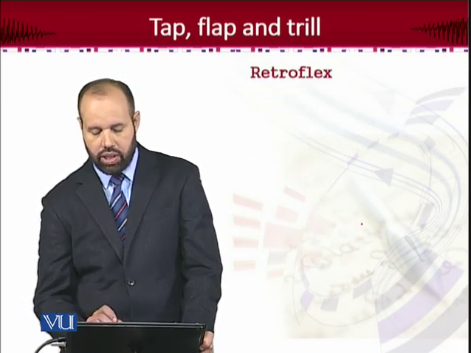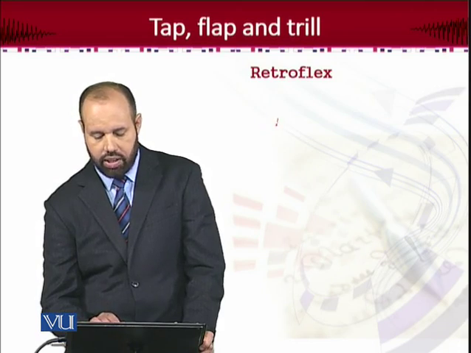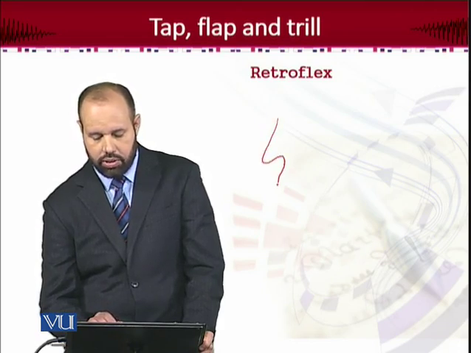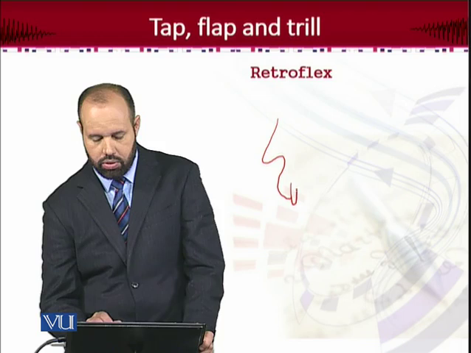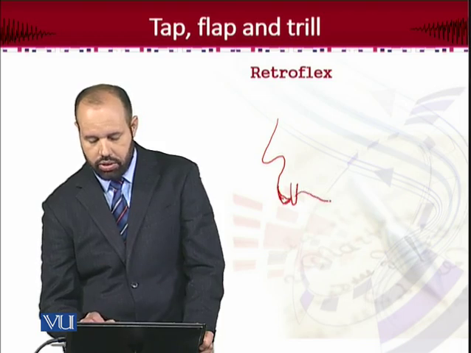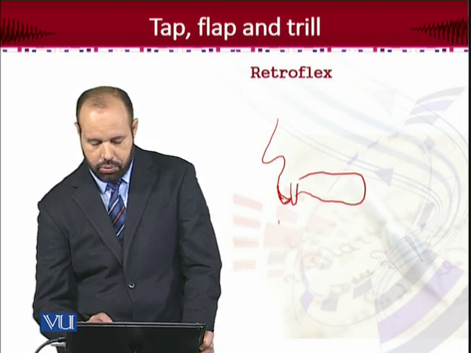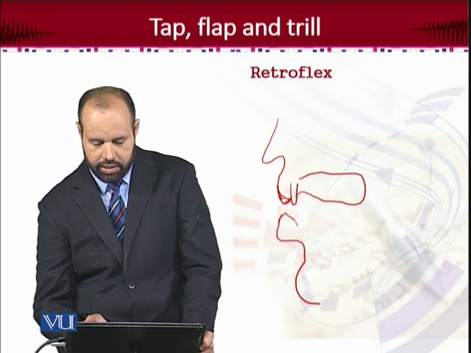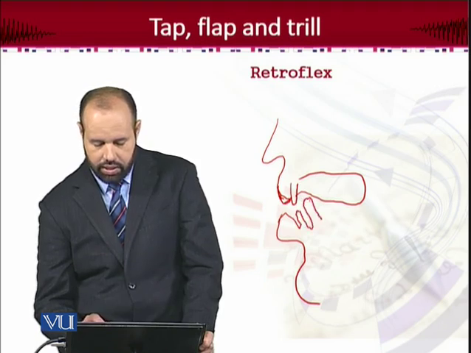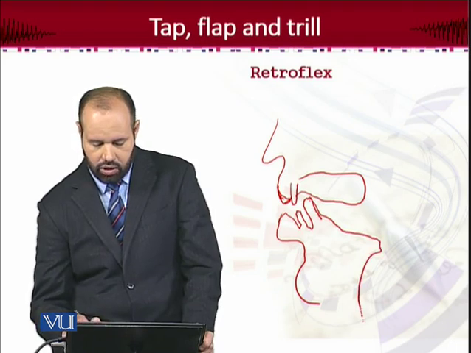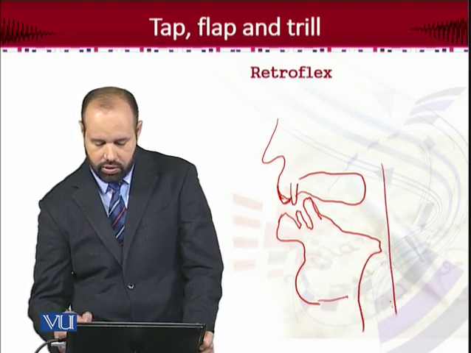And the example which I can give you here is that for a retroflex sound, you see, let me draw this, right? You curve your tongue against the alveolar ridge, right? And the resulting sound is retroflex, okay?